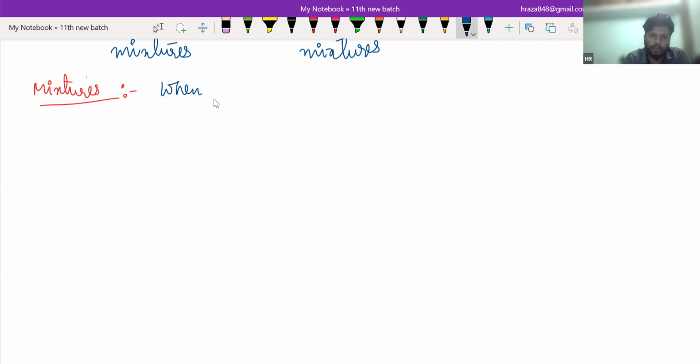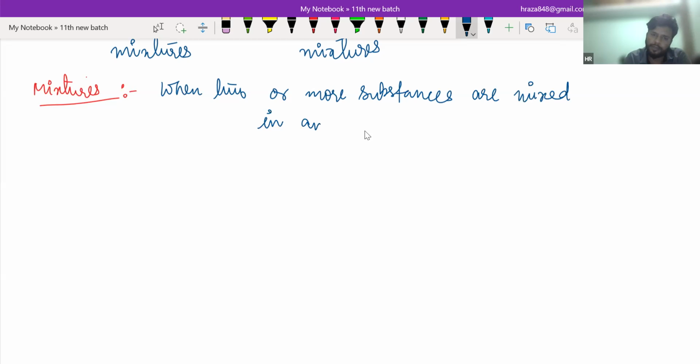When two or more substances are mixed in any ratio, the ratio is not fixed.